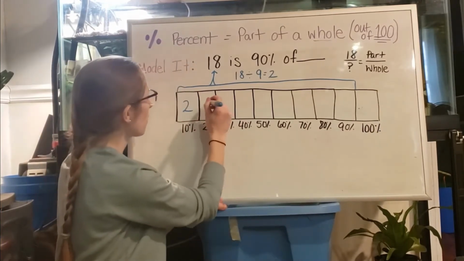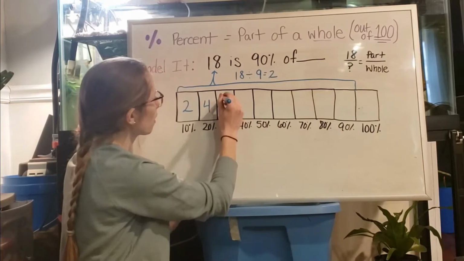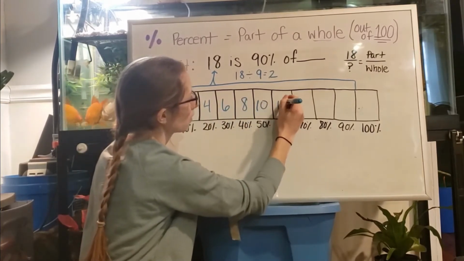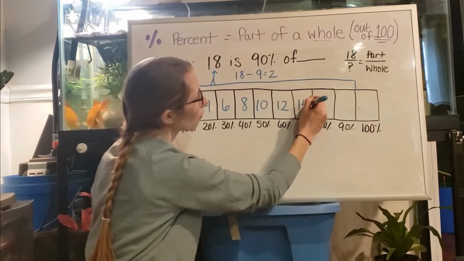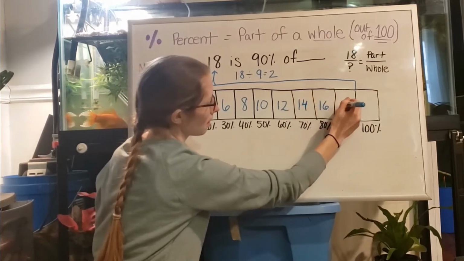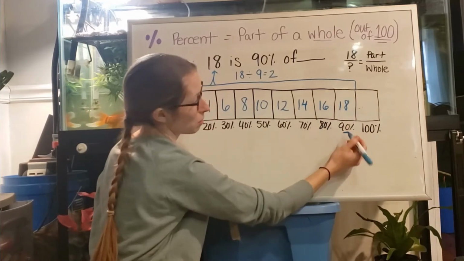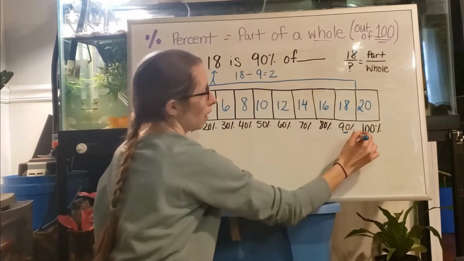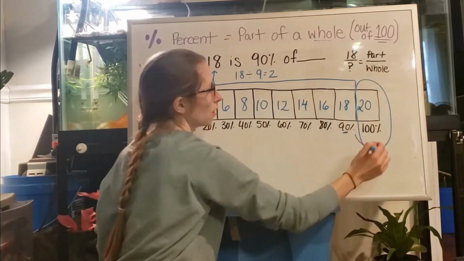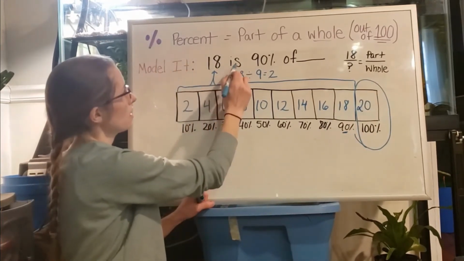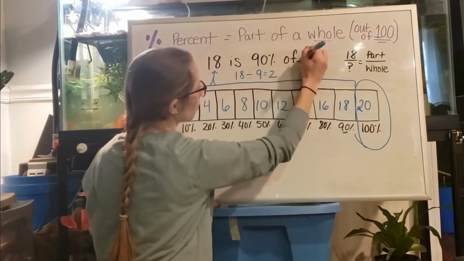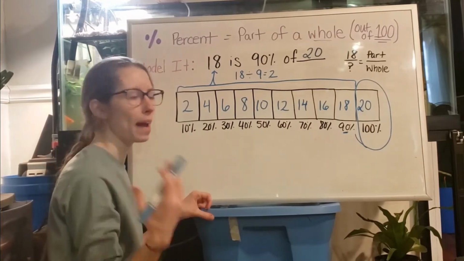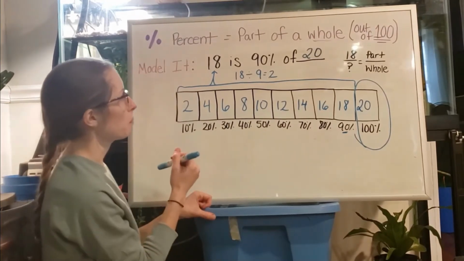So here I can see I've got 2, 4, 6, 8, 10, 12, 14, 16, 18 at 90, which makes sense, right? 20. So that means that my 100% is 20. 18 is 90% of 20. So that's one way that you can look at these percent problems.